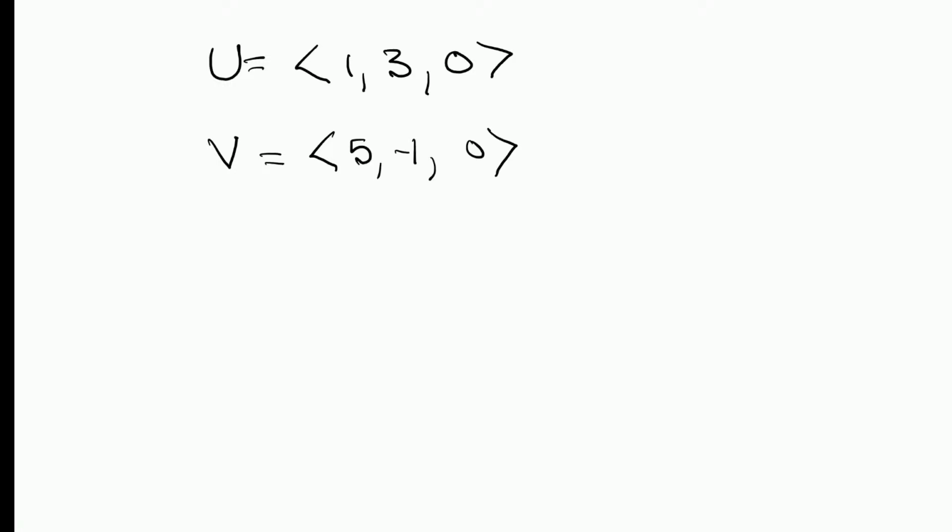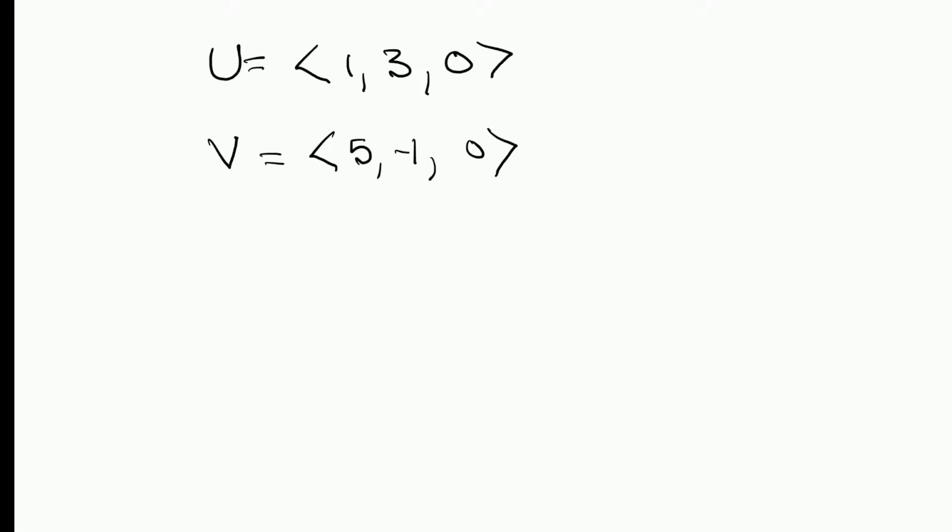So we'll just pick some nice easy vectors, if you don't mind. I have u equals this: over 1, up 3, and how about 0, so that it's nice and easy. And then v is going to be, how about 5, -1, 0.